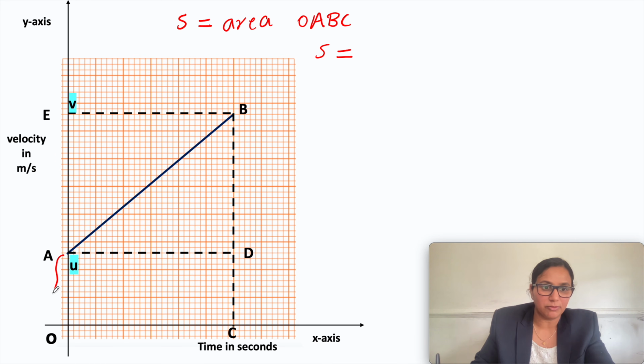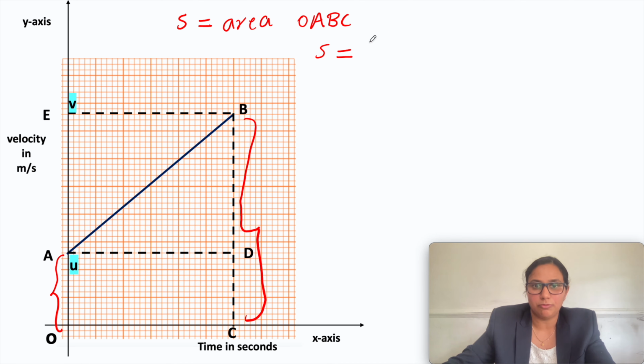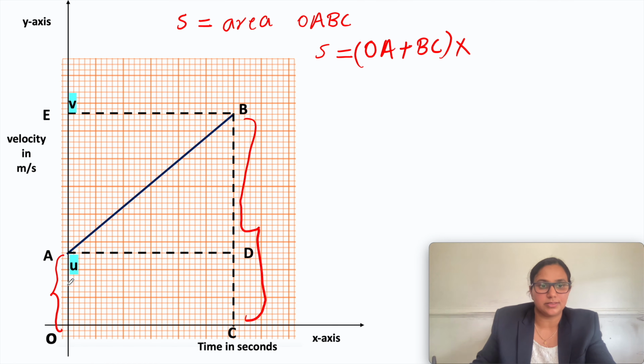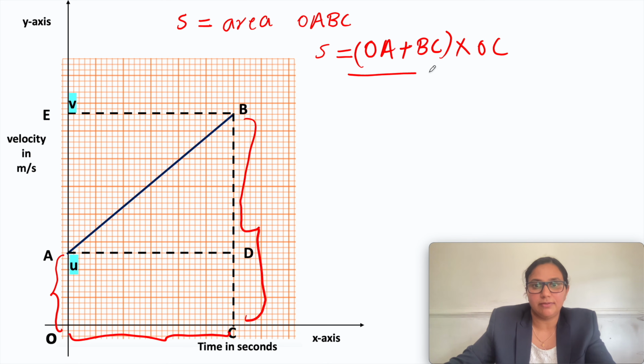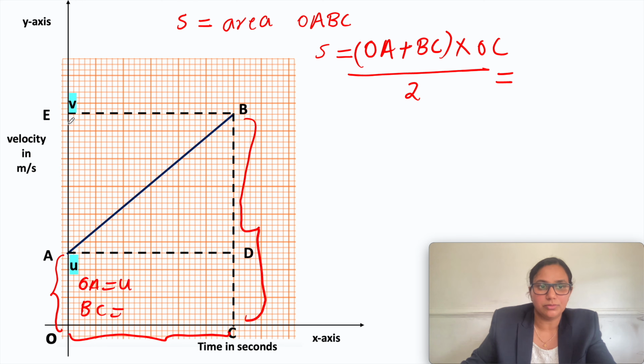We have two parallel lines, OA and BC, and the perpendicular distance is OC. OA is equal to u, BC is equal to the final velocity v, and OC is equal to t.